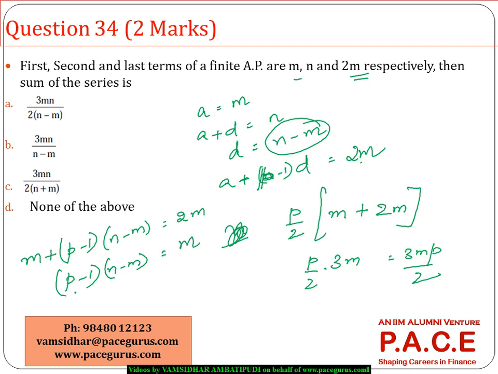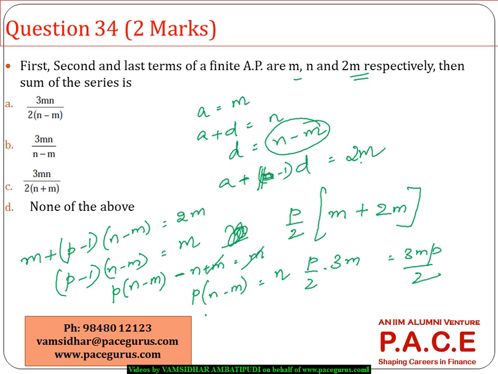So here if I want to find out what is p, you can easily say p into (n minus m) minus n plus m is equal to m. So I can take this out. p into (n minus m) is equal to n.